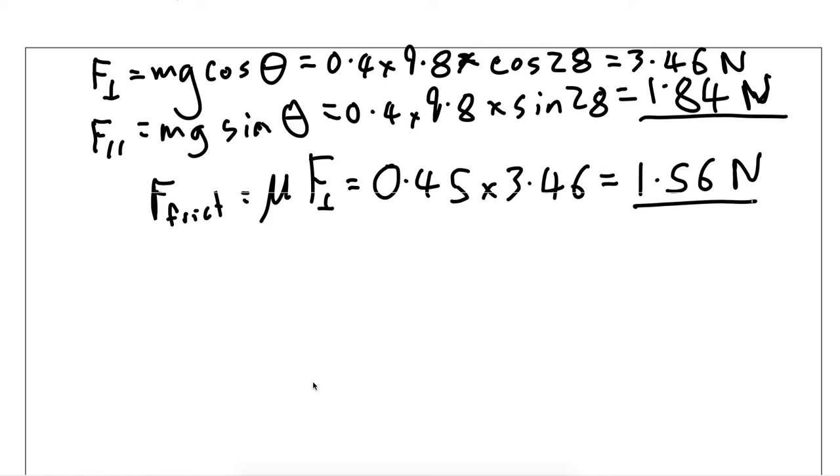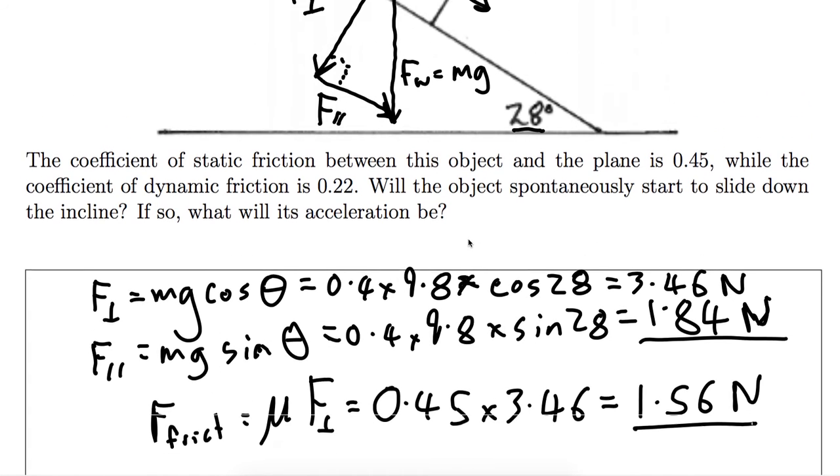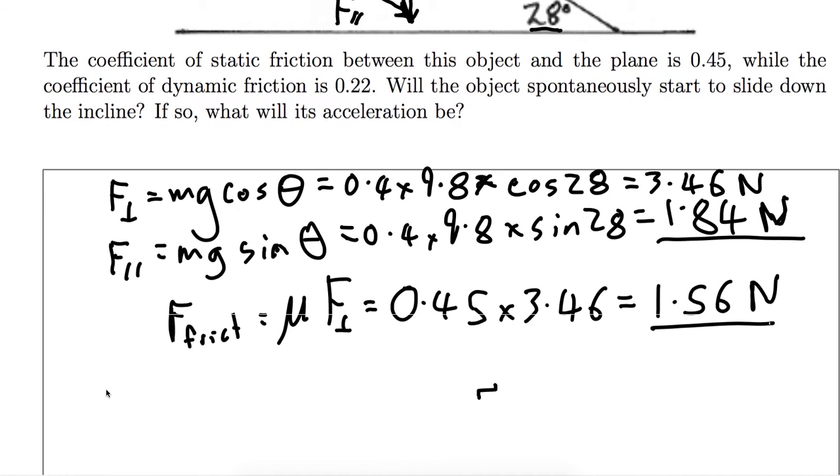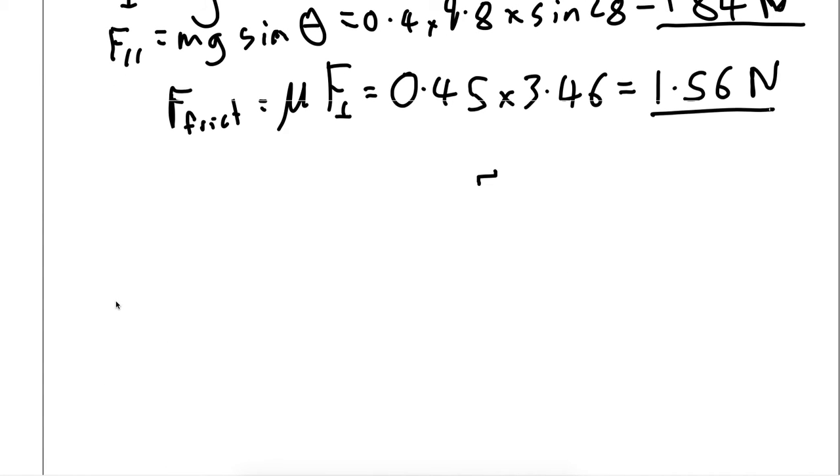Overall, the parallel force, the force due to its weight but acting in the same direction as the slope. So if you go up and look, the object is only free to move in one direction, which is the direction of the slope. It's not free to fall through the slope if the slope doesn't break. So we're interested in what the forces are that are acting in that direction in which it's free to move.